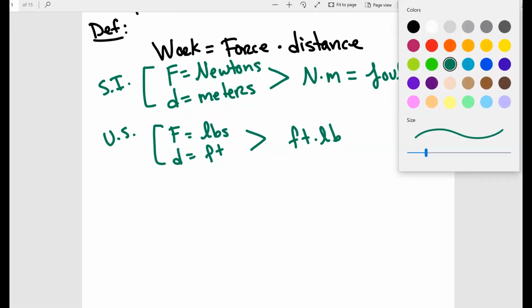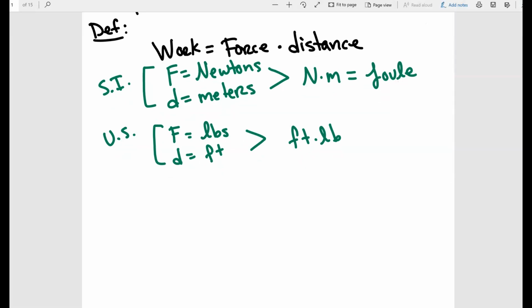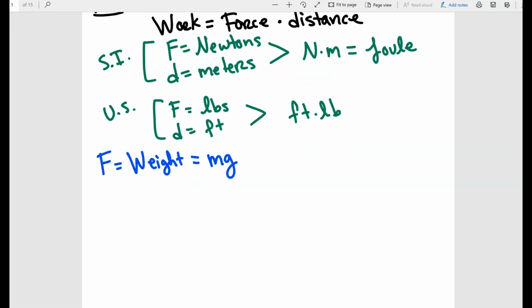Now, something else to really take into consideration is that our force is also equal to our weight, which is basically m times g. So m here is just the mass, okay, and g here is the gravitational acceleration, which is equal to 9.81 meters per second squared.